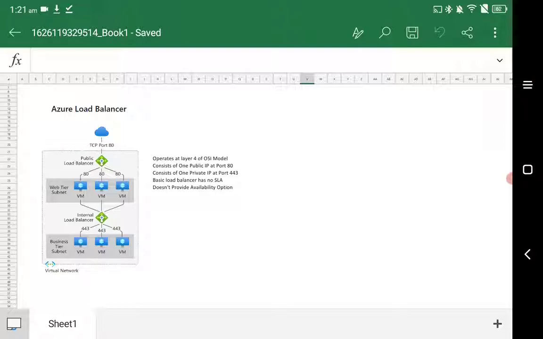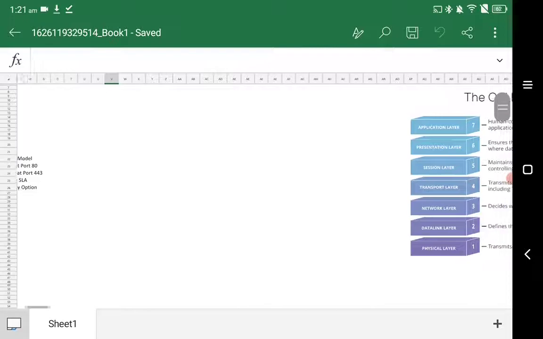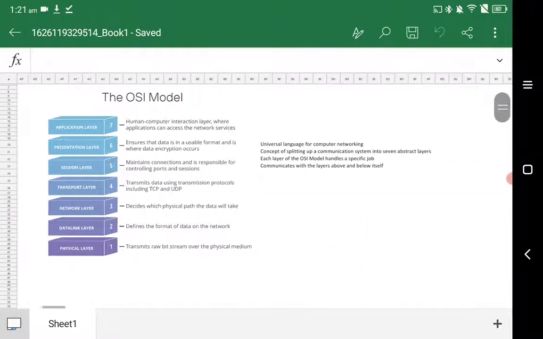Now, when we talk about the OSI model, what is an OSI model? The OSI model is a universal language for computer networking. The concept here is splitting up the communication system into 7 abstract layers.